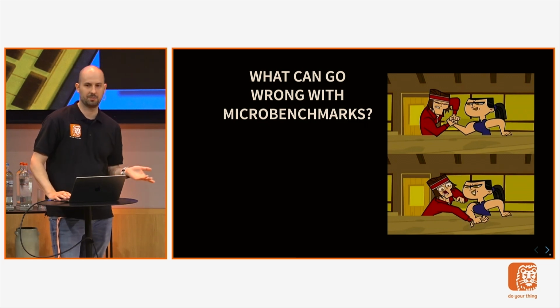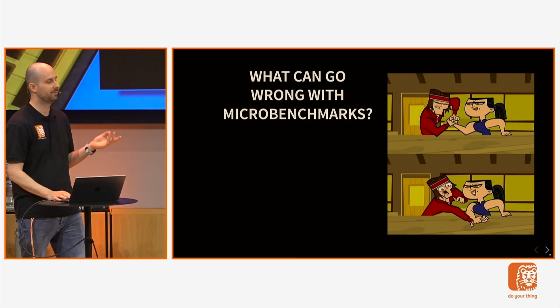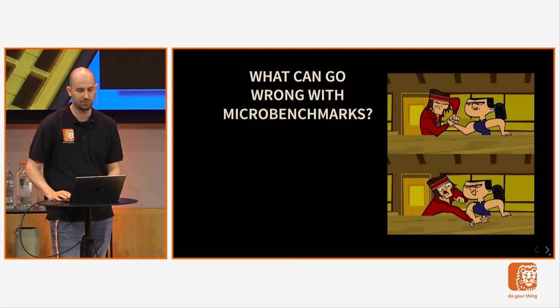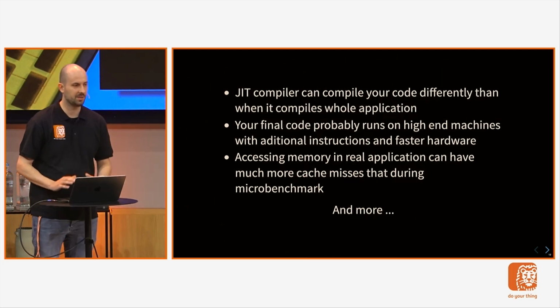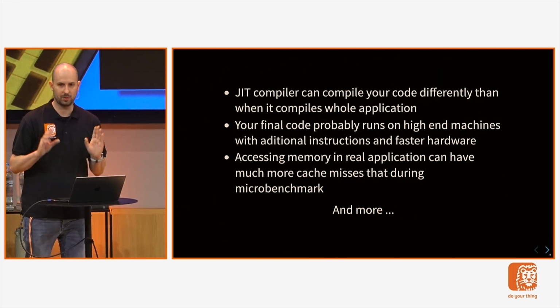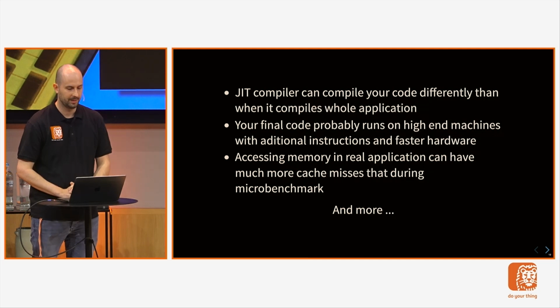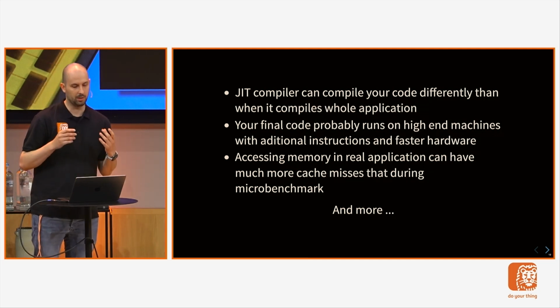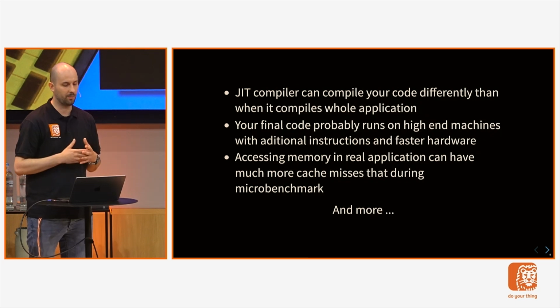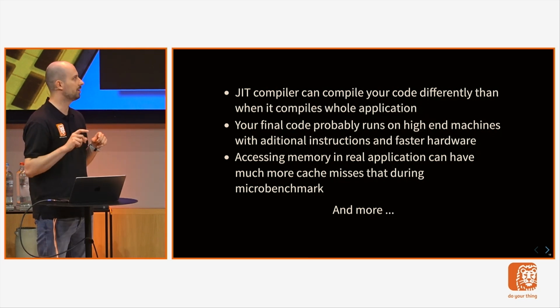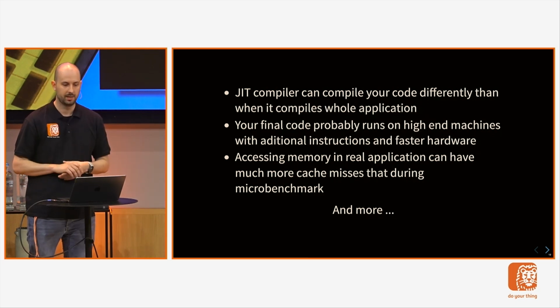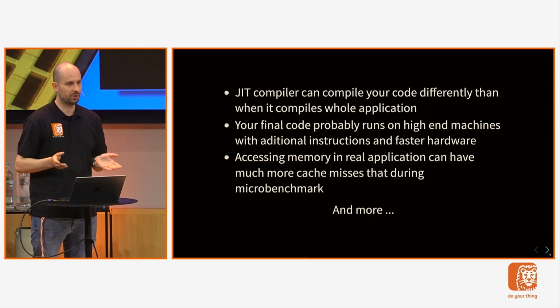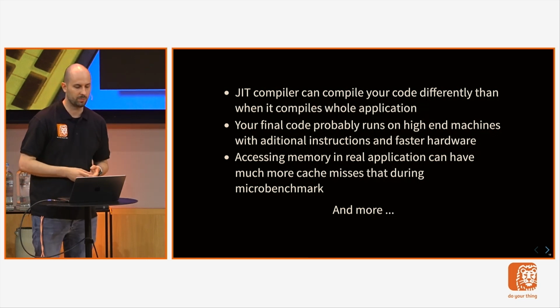So what are the arguments of the people who say that micro-benchmarking is something that you should not do? Well, first of all, when you micro-benchmark this one function of code, what can happen is that the compiler will compile this one particular code completely differently than the whole application, which for sure will happen if you have a larger code base.